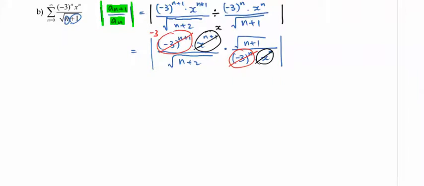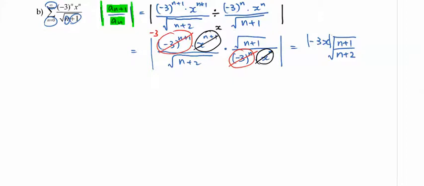The square root of n plus 1 and square root of n plus 2 will still be part of your expressions at the end. So you will have the square root of n plus 1 and n plus 2. With n always a positive number from 0 to infinity, taking the absolute value will only involve the negative 3x.